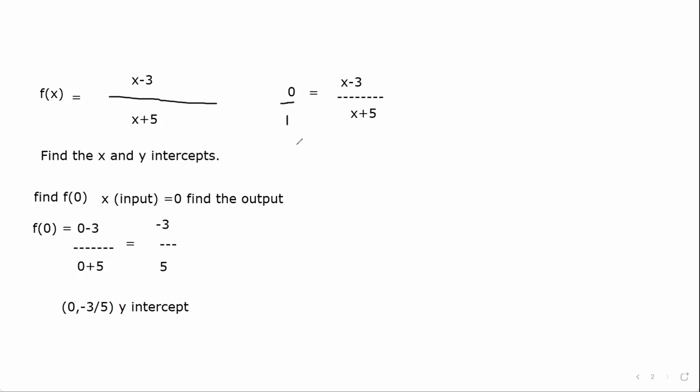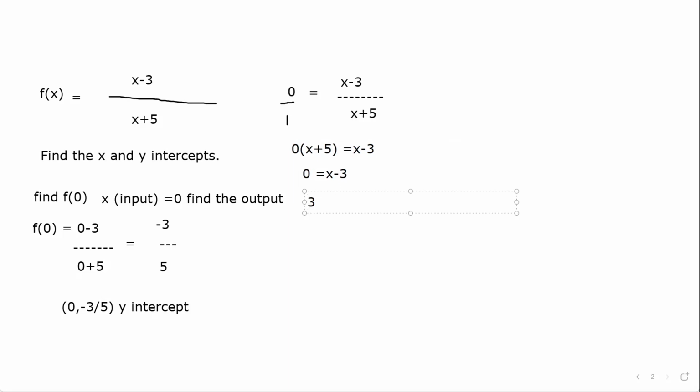So 0 times x plus 5 is equal to x minus 3. Now that's going to equal 0. And this is going to be x minus 3, which means that x is equal to 3, right?